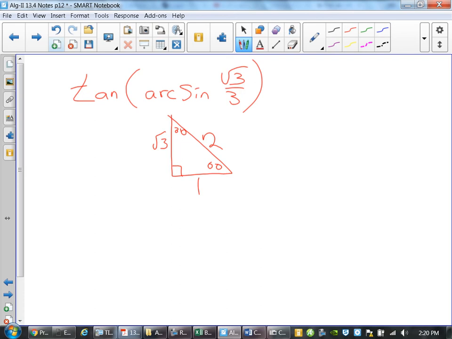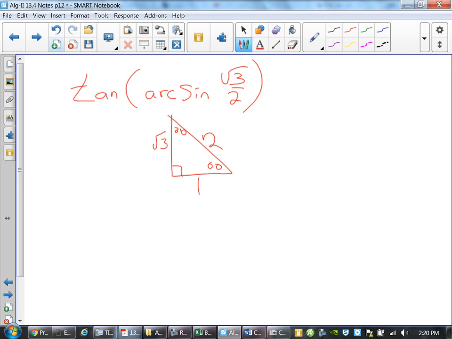I wrote it down. Yeah, it's sine. That's tangent. Did I write that down wrong? I think I wrote it down wrong. Should be. Sorry, it was 2. That was the wrong one.